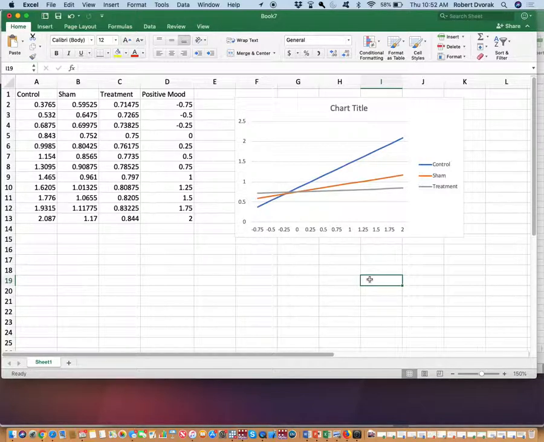Oh, I know, because I didn't delete the other one. Oh, there you go. Thanks, Cal. Yeah, I have 0.752.